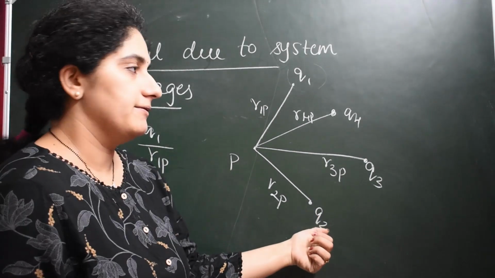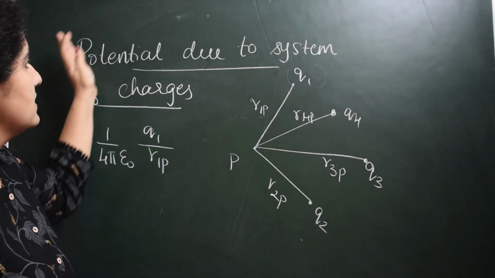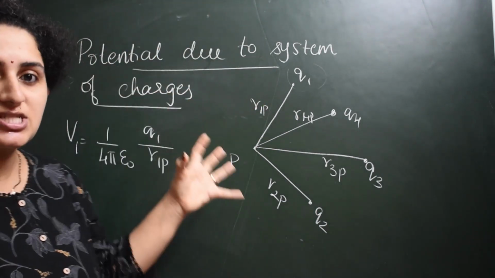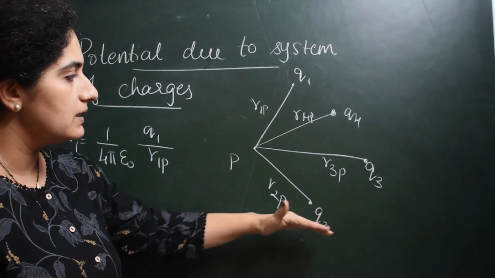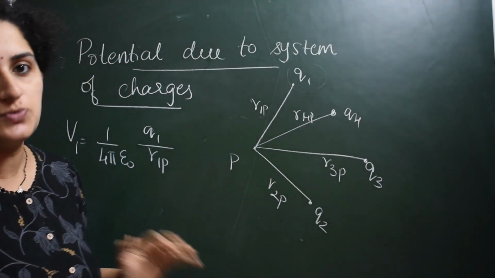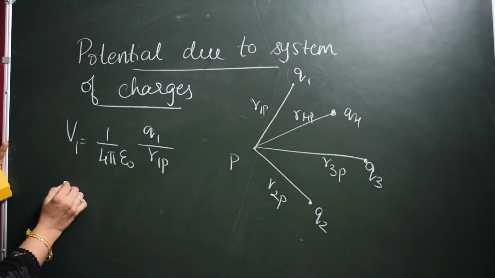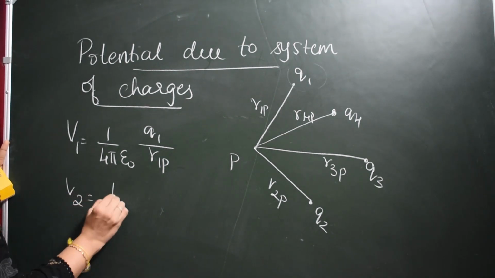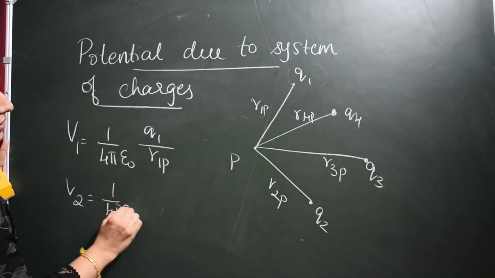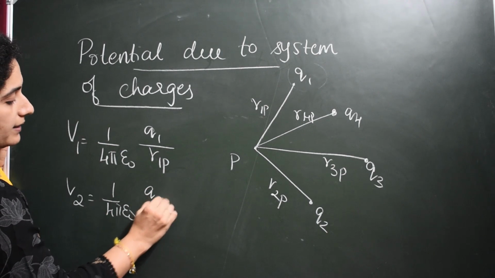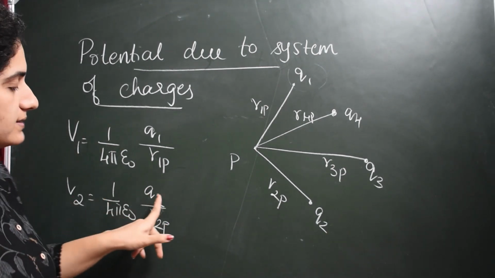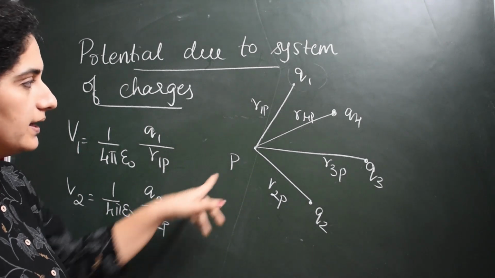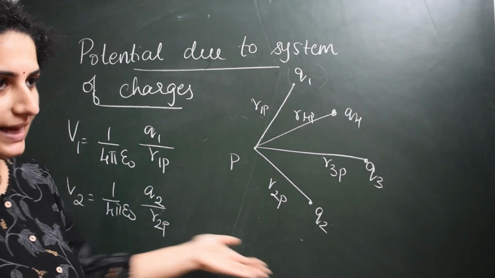Now if we consider a system of charges, then according to the superposition principle, we need to add the individual potentials. In the same way, V2 can be written as 1 by 4 pi epsilon naught Q2 by R2P. Similarly for R3, it is Q3 by R3P, Q4 by R4P and like that.